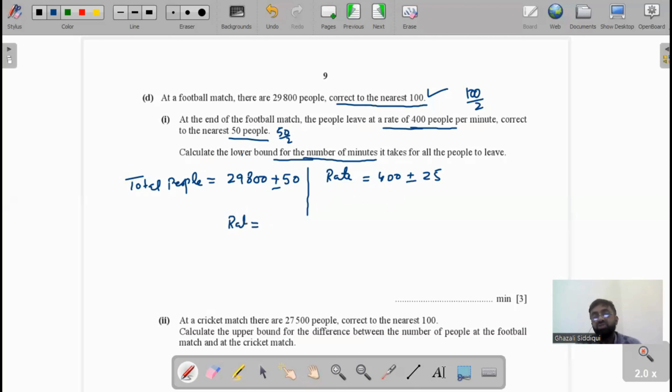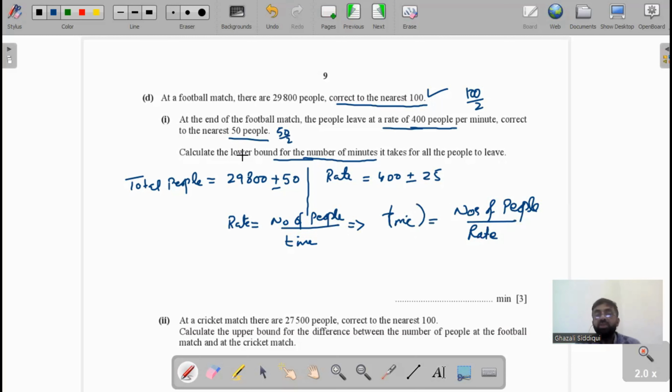We know that rate is equal to total number of people divided by total time. Therefore, time will be equal to total number of people divided by rate. And we have to find the lower bound value.